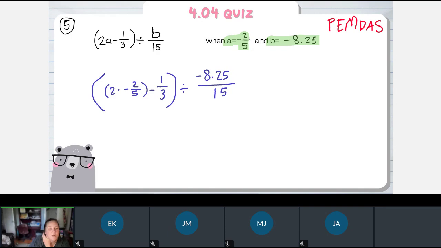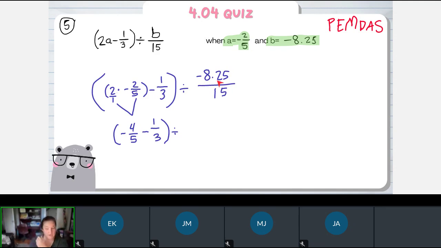So remember, any whole number you can just put over 1 and solve that way. So that's where this is coming from. Negative 4 over 5. And then you've got minus 1 over 3, close parentheses, divided by this negative 8.25.